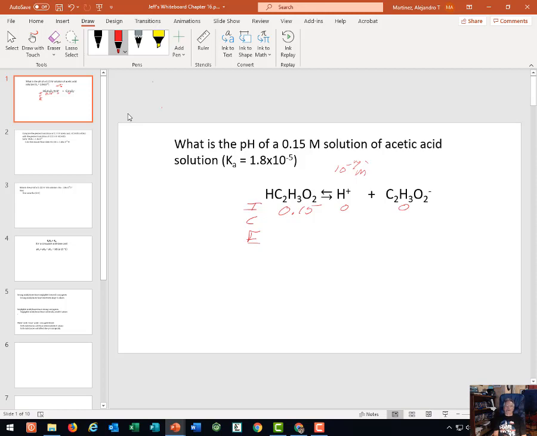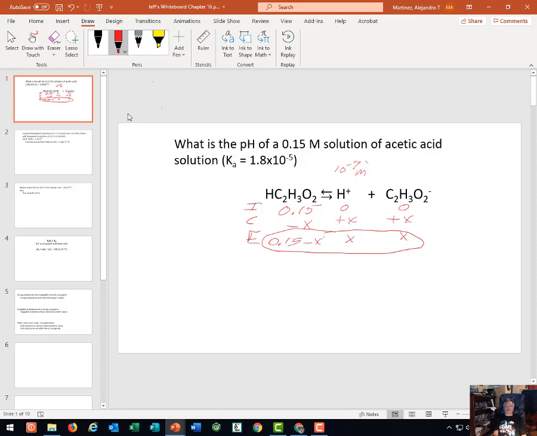Since this is all 1 to 1, this will be minus x, plus x, and plus x, and then we add. 0.15 minus x, and then 0 plus x is just x. And this is our equilibrium line, same thing we had in chapter 15, only I think you're going to agree that the problem's a lot simpler.